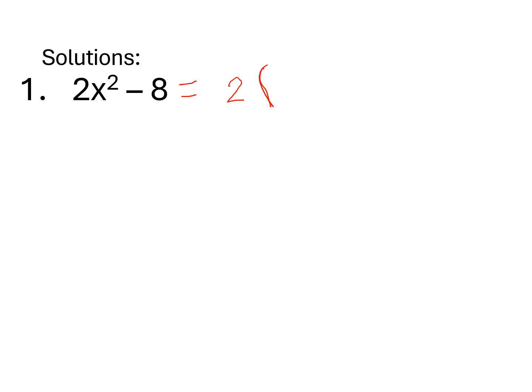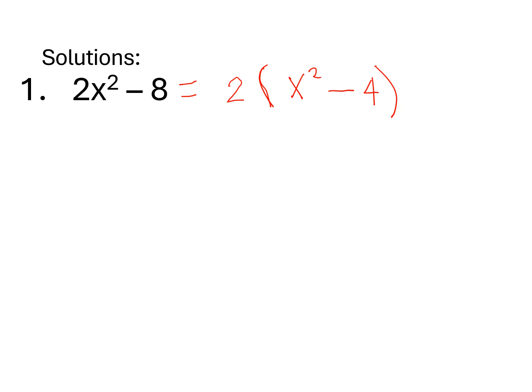So we have 2x squared divided by 2, that is equal to x squared. Then negative 8 divided by 2, that is equal to negative 4. Okay, so the second factor is x squared minus 4.